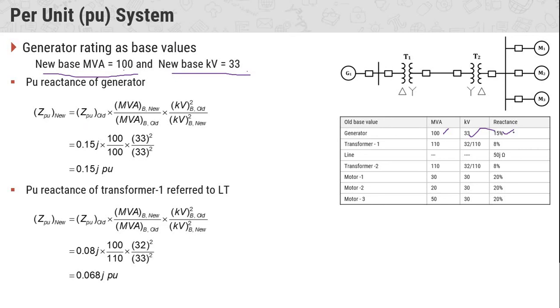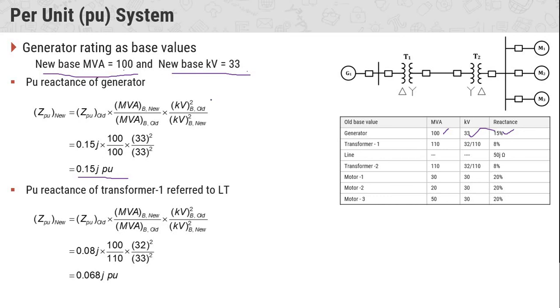ZPU old is 15%, which can be written as j0.15. MVA new is 100 and MVA old is also 100. kV old is 33 and new is also 33, so 33 square upon 33 square cancels out. So ZPU new for the generator is j0.15 PU.